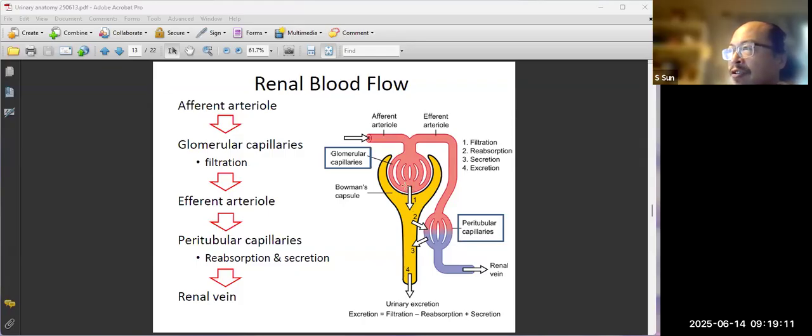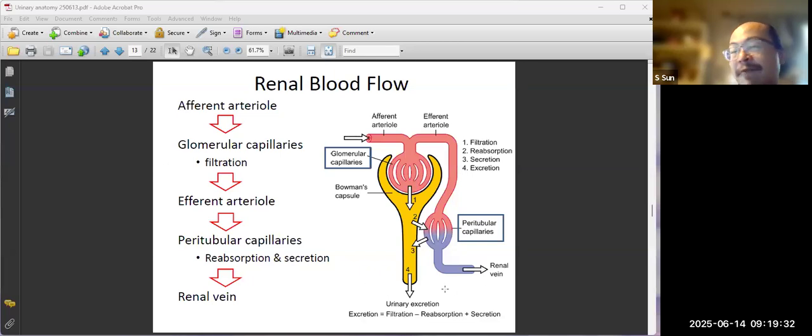These two capillaries perform different functions. The glomerulus performs the function called filtration, right here. The peritubular capillary performs two functions: one is reabsorption, the other is secretion. And the summation of these is excretion. So this summarizes what we have learned today.